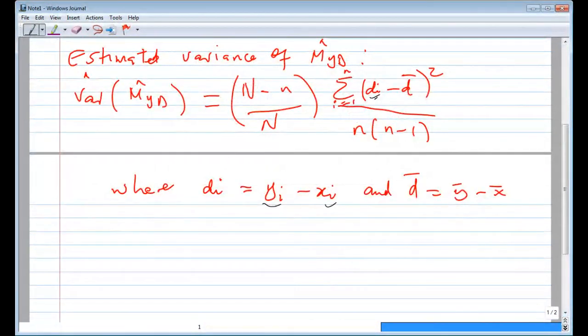Now, we are done with the estimated population mean under difference estimation and the estimated variance of the estimated population mean under difference estimation. Now, let's go to the estimated population total under difference estimation.